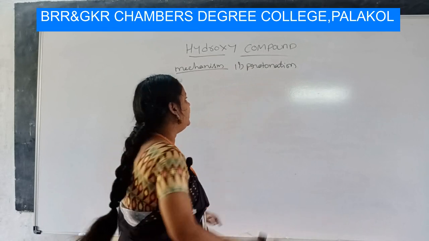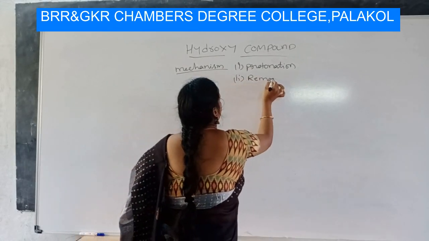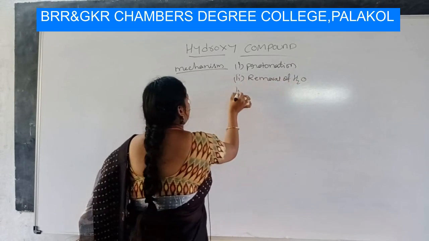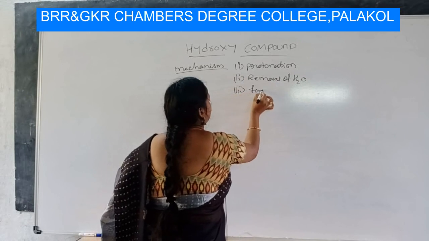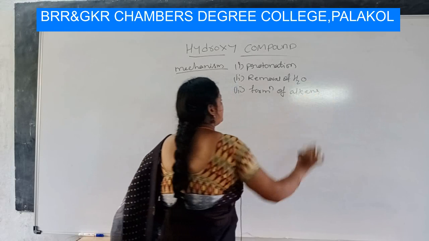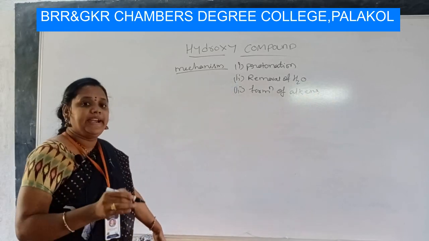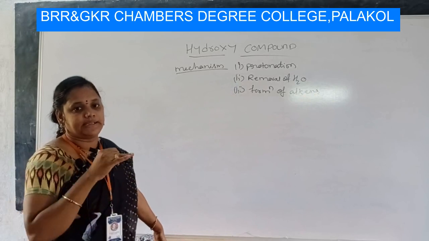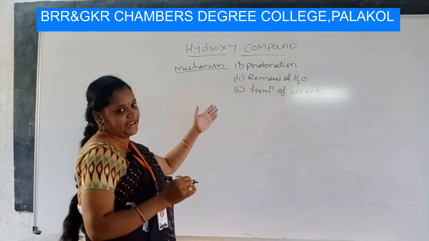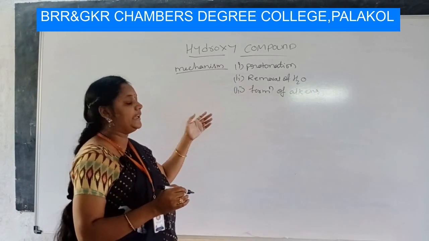The second step is removal of water molecule, and the third step is formation of alkene. So addition of concentrated sulfuric acid to alcohols compulsorily follows this mechanism of 3 steps: protonation, removal of water, and formation of alkene.